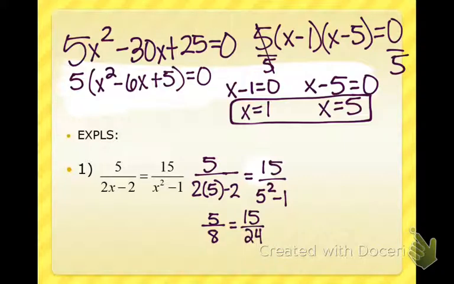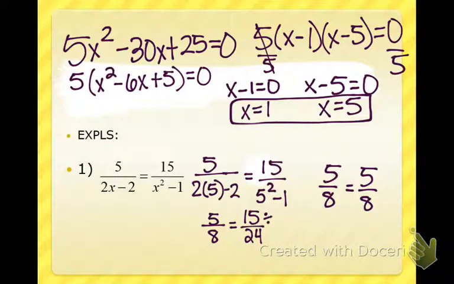Now we look at these and we say those are not the same fraction. But if I can simplify, I should. So we end up with 5/8. That can't simplify. Equals 5/8. What did we do to the 15 and the 24?